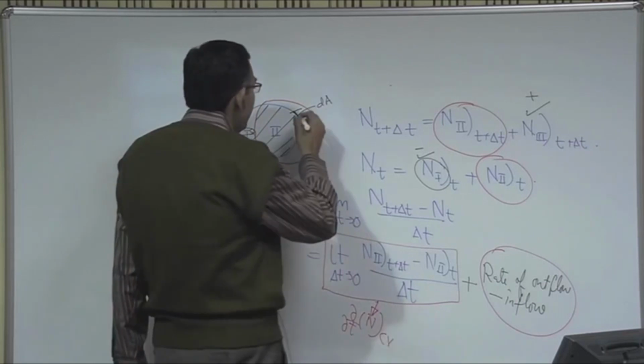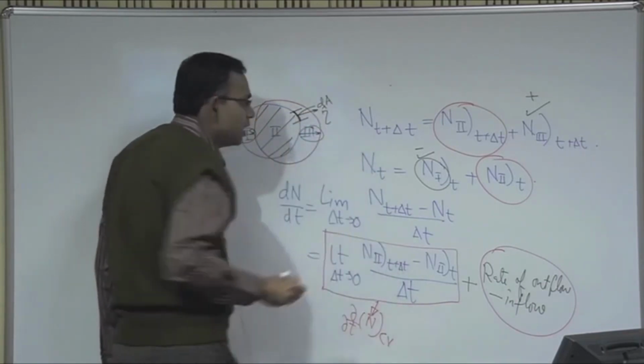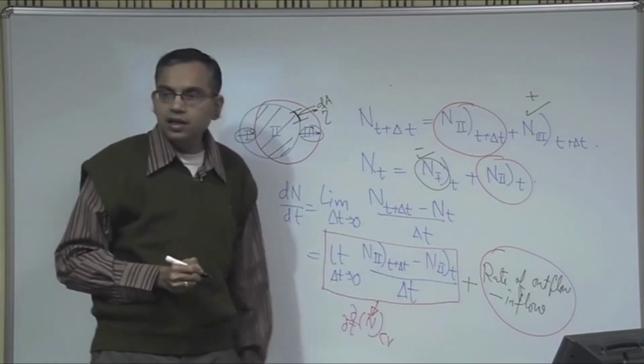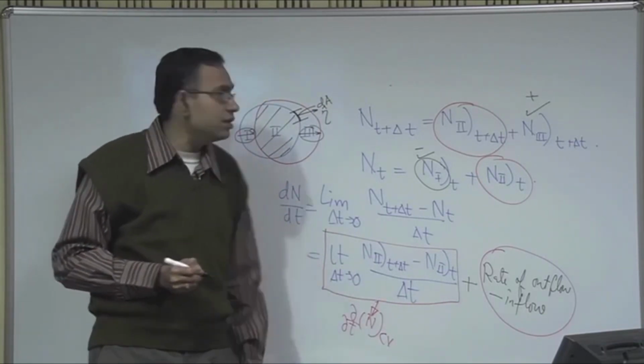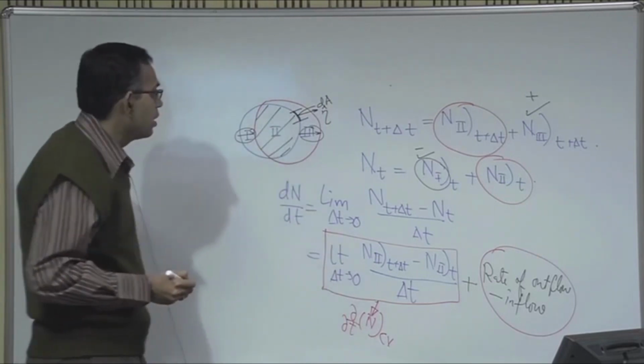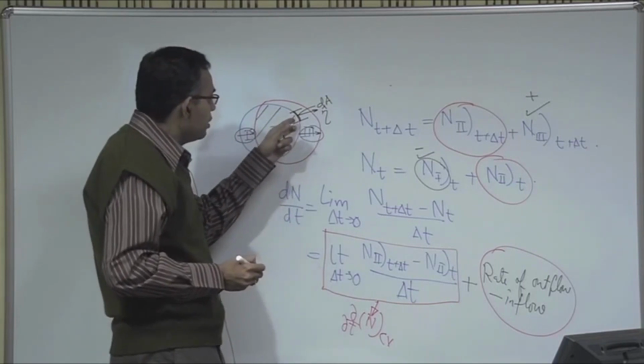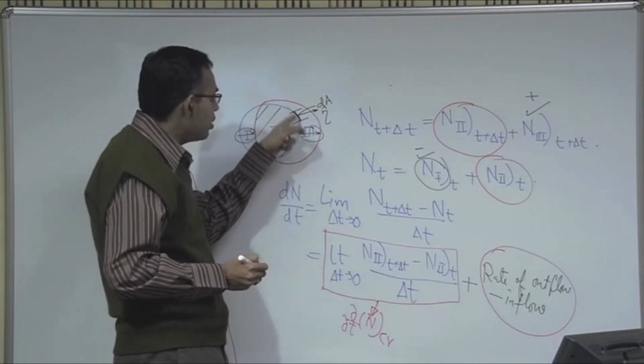So let us say that eta cap is a unit vector in the normal direction of dA. So what is the volume flow rate across dA?